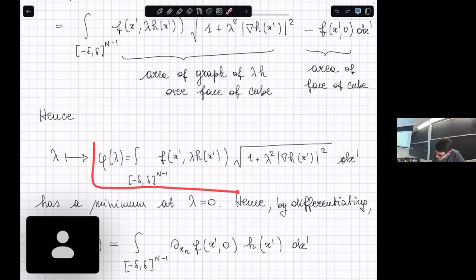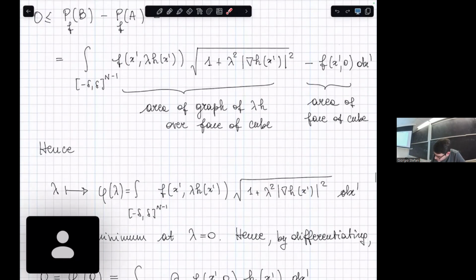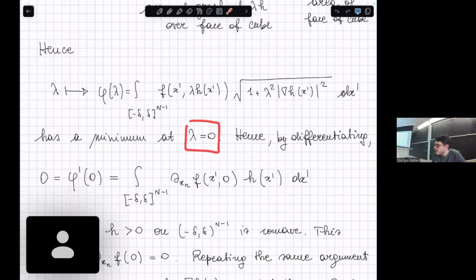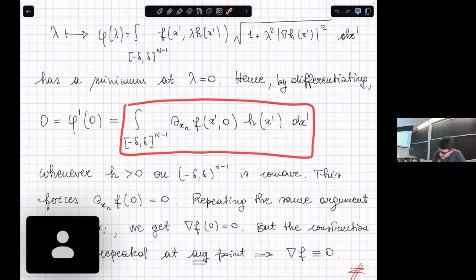And the zero value of this function is precisely that thing. So it means that at lambda equal to 0, you have a minimum. So you differentiate at 0, you get 0 because it's the minimum, and you get this piece of information.